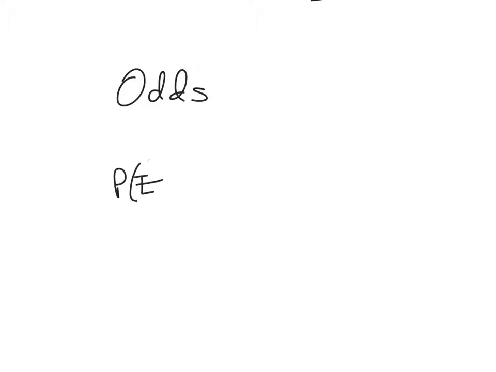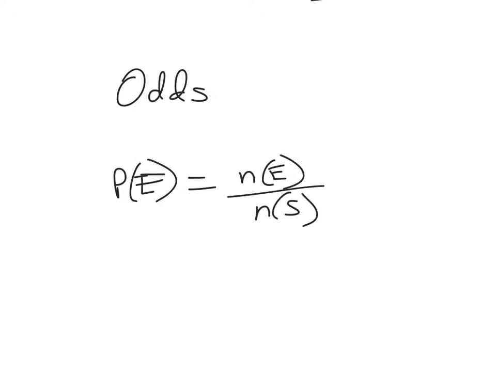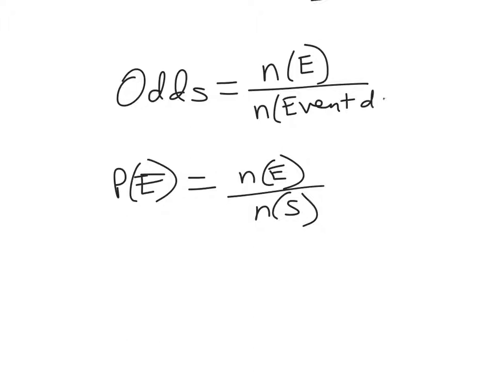The definition that we had for the probability of an event, for theoretical probability, was the number of ways the event can occur over the number of items in the sample space. The definition for odds is as follows: the number of ways an event can occur, call that n(E), over the number of ways the event does not occur.